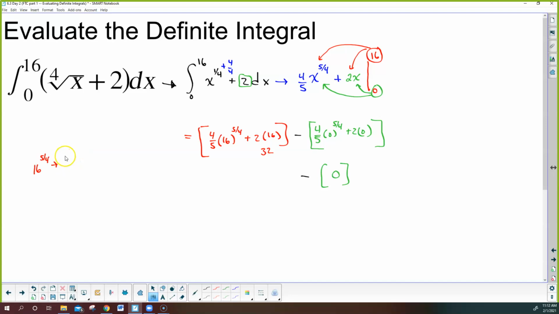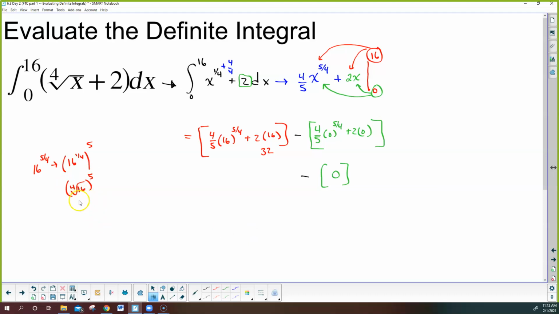It doesn't help us. So I'm going to take the other option and I'm going to say we're going to pull the 5 out first. Because now 16 to the 1/4 power is the same as the 4th root of 16. And now, if you really wanted to, you could play the divide by 2 game.